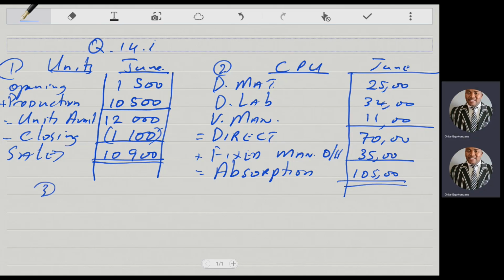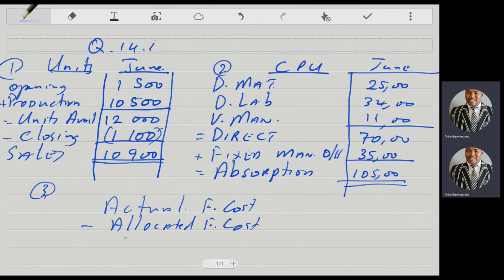We'll move on then to your third one. We said that the third one is to work out your over or under allocation. So you're going to take your actual fixed cost, minus the allocated fixed cost.